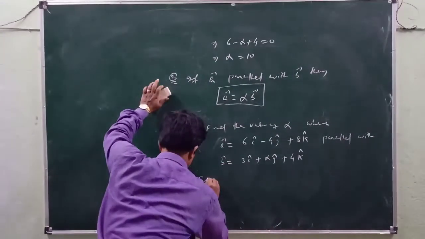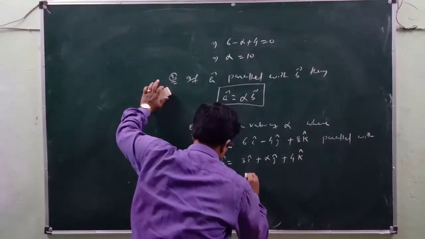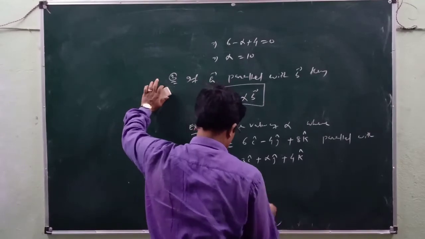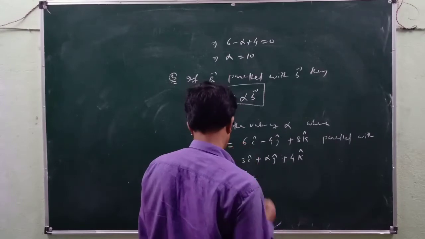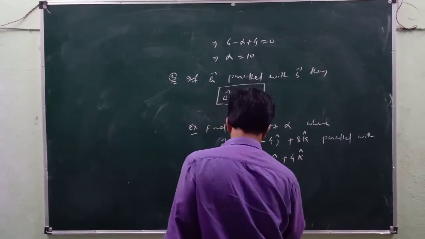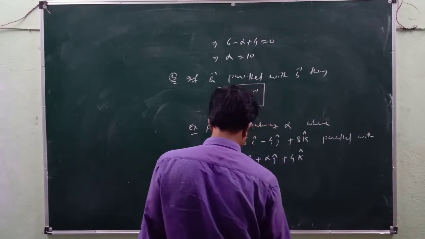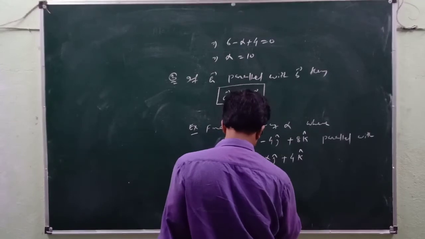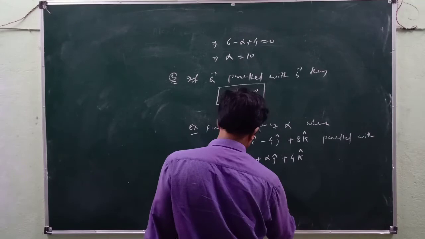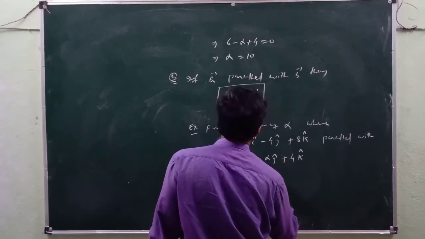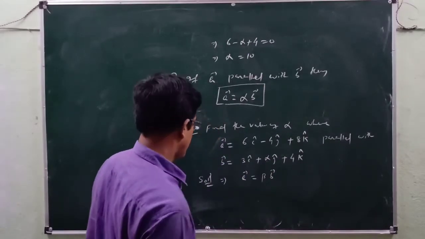In our solution, since these two are parallel, write one as the scalar multiple of the other. Okay, so I write A vector equal to, another scalar, suppose beta into B vector, because alpha is already in your question.